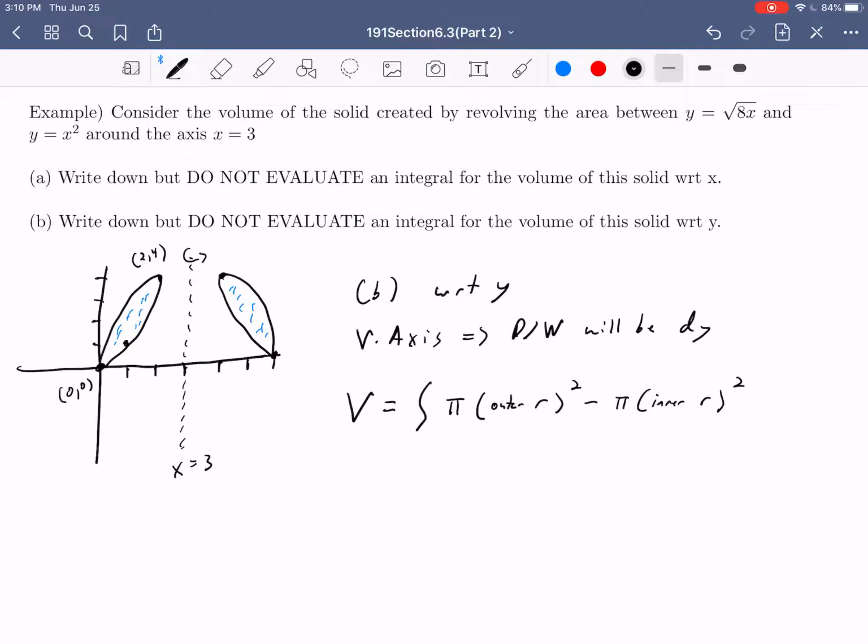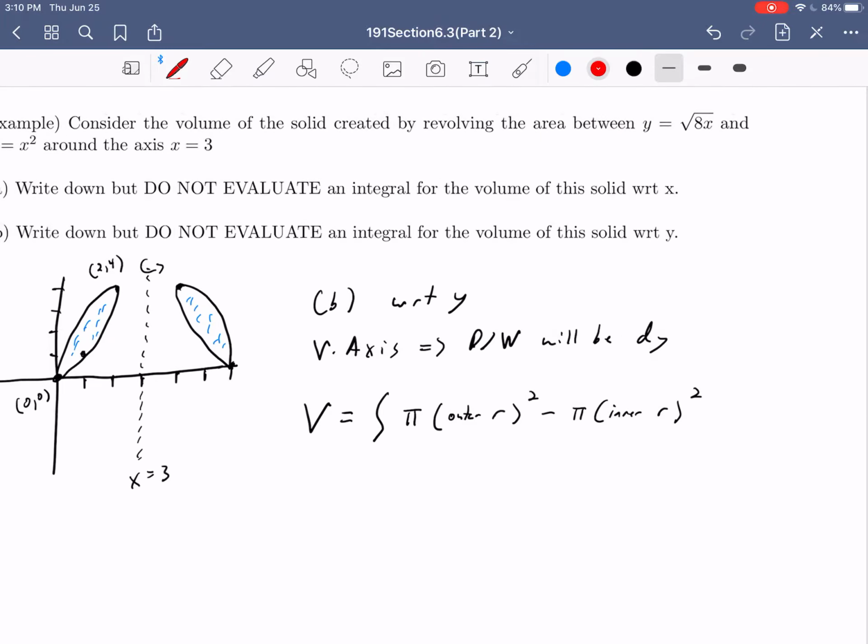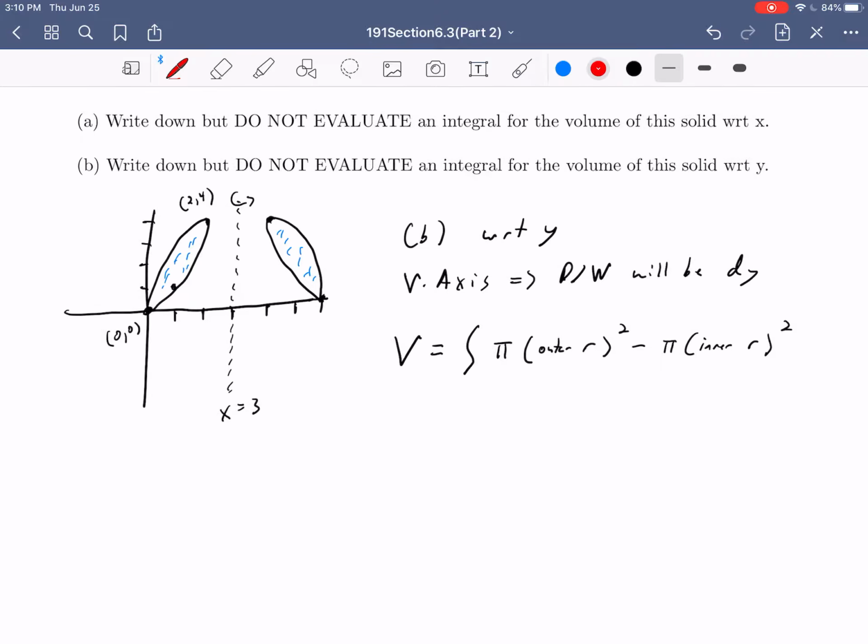Okay, since we know we're going to be working with respect to y, before we get too far in, it is probably a good idea to go back and think about each of these functions in terms of y. So we can just do that maybe down here. We had y equals root 8x, which means y squared equals 8x. So we should probably think about that one as x equals y squared over 8. And of course, we also had y equals x squared.